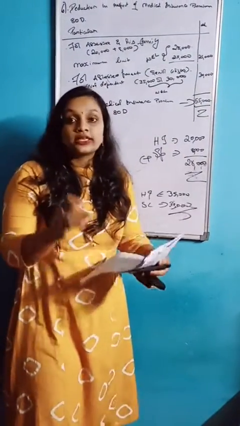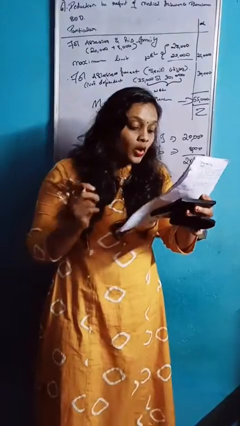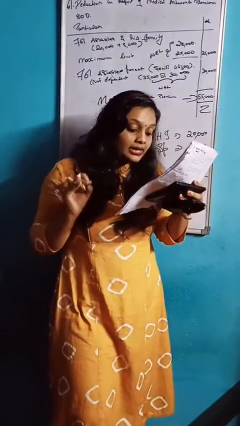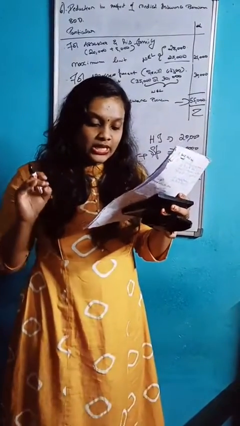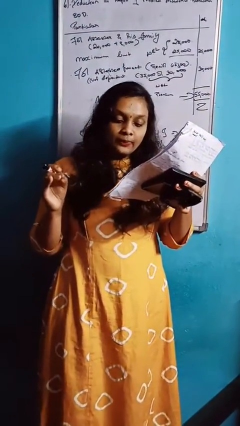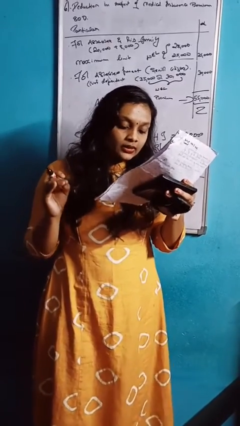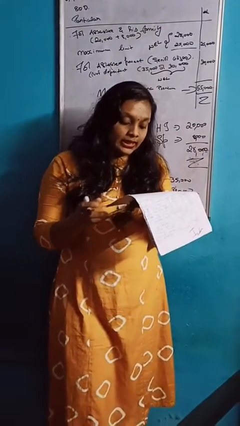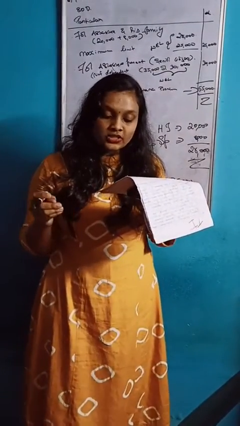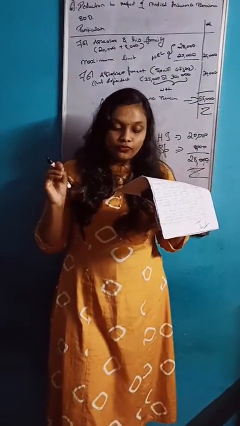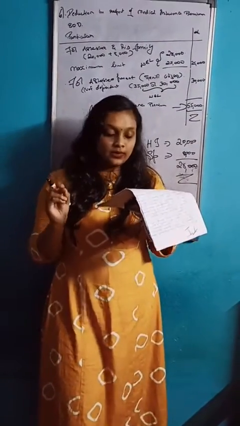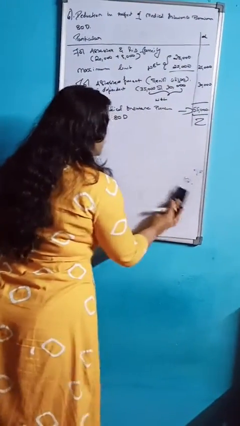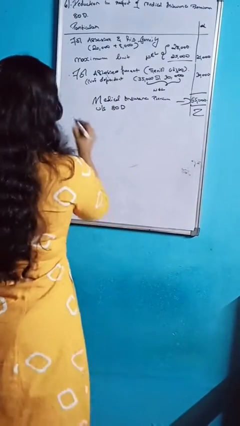And just note a point. So 80D means this deduction is applicable to an individual and HUF for medical insurance premium paid. Payment should be made by any mode other than cash. So the maximum amount allowed as deduction in respect of preventive health checkup is rupees 5,000. This is a very important point, I'll write here a note.